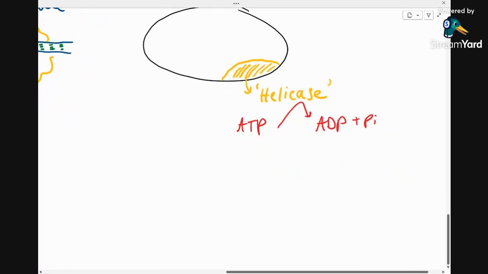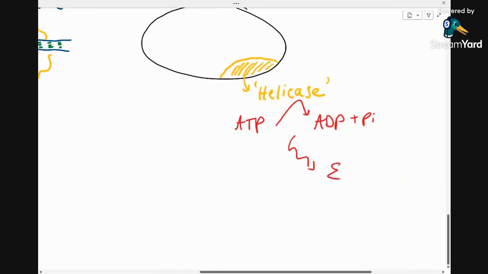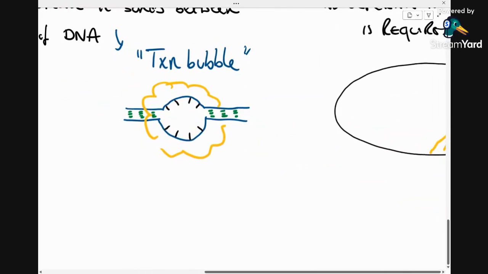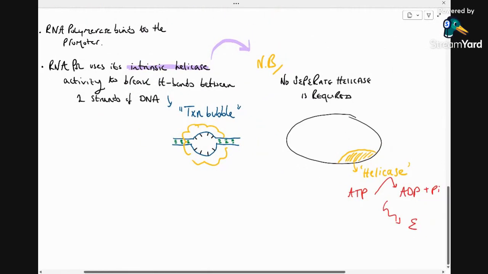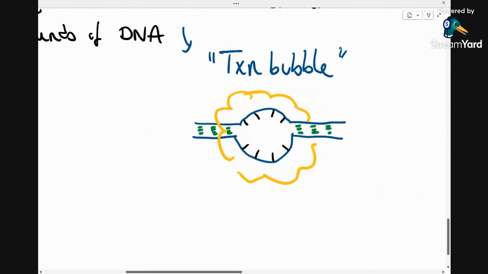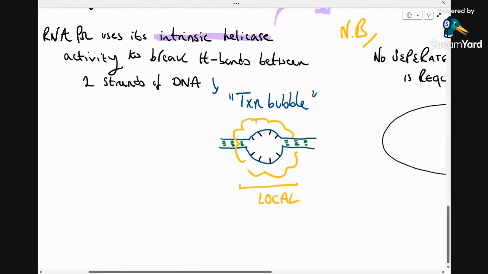The energy liberated from this, so energy here, is used to translocate along a strand of DNA and break hydrogen bonds between the base pairs. Look back at DNA replication if you want more information on helicases. But that's essentially what it does. So it opens up in a local region here. That's important. This whole region here is local. It doesn't do it for the whole strand. It just does it initially here.